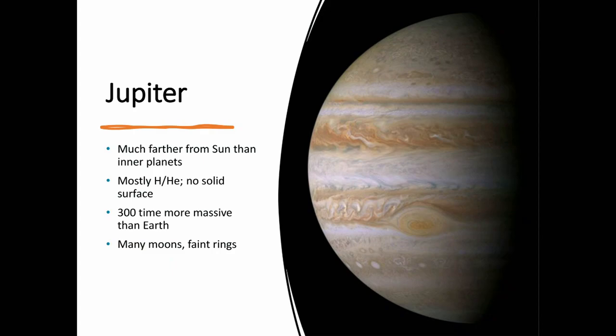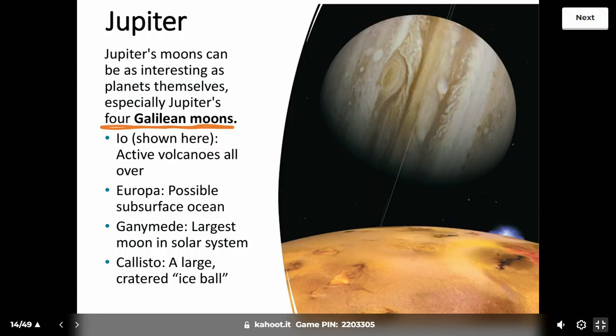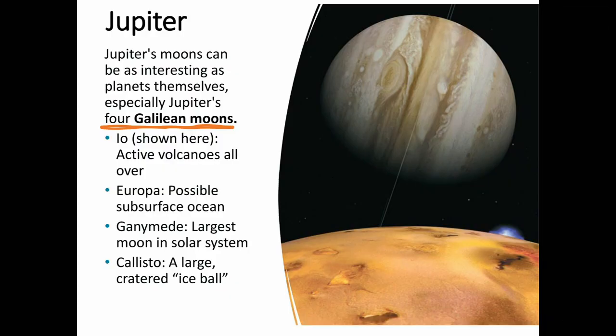it has many moons. It actually does have rings that you can see, especially if you look in the infrared. So Saturn is not the only planet that has rings. And the moons of Jupiter are just as interesting, if not more interesting, than some of the planets in the solar system.